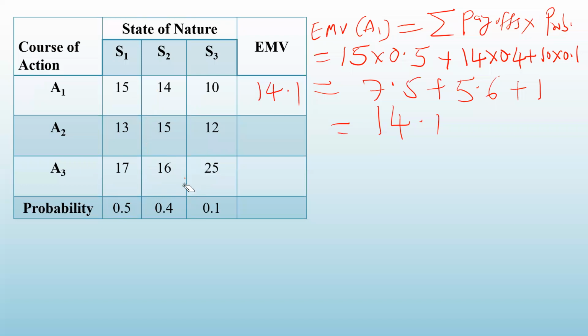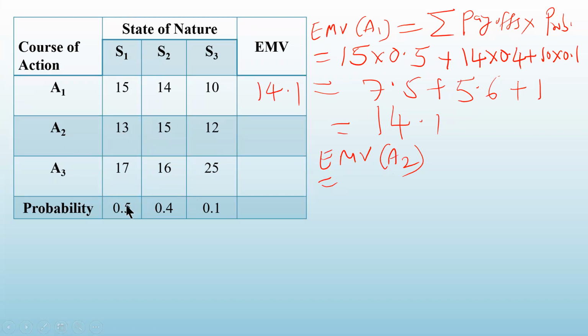In a similar way, you have to find out EMV for A2 as well as for A3. So let us calculate the EMV for A2. What I have to do for that? Look at the A2 row. These are the payoffs for A2, and this is corresponding to S1.